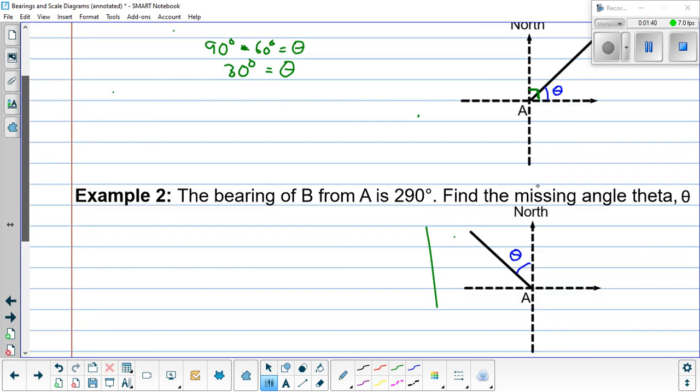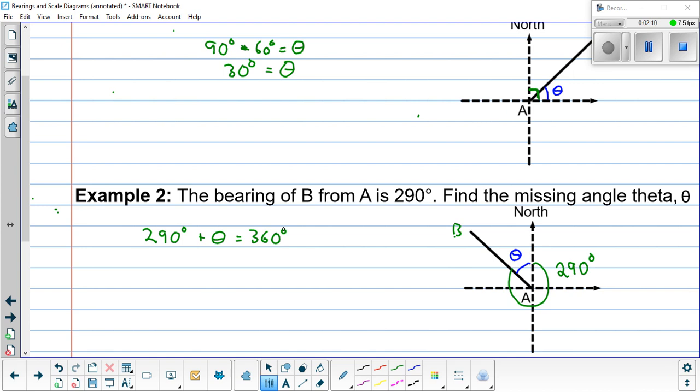So we're doing A to B again. Okay, so our B is over there, and we know that that is 290 degrees. Well, if we extend it all the way back to there, that's going to include our angle. So we can say 290 degrees plus this theta is equal to 360.